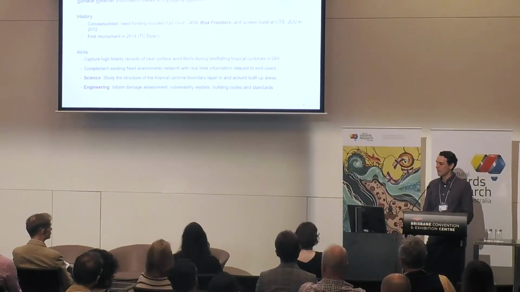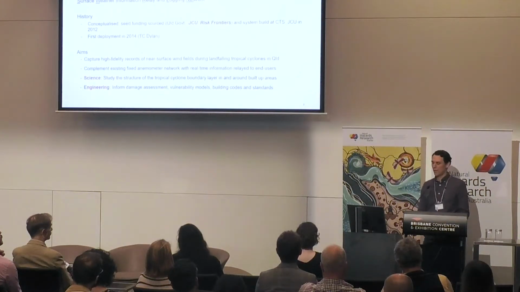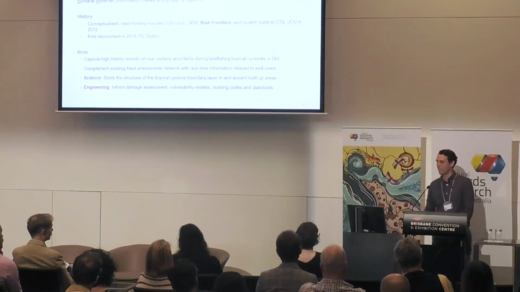So with what we have at the moment, we're constrained to the Queensland coast and really only up to about Cooktown, because we can't go much further than that without the risk of not being able to get back for a very, very long time.